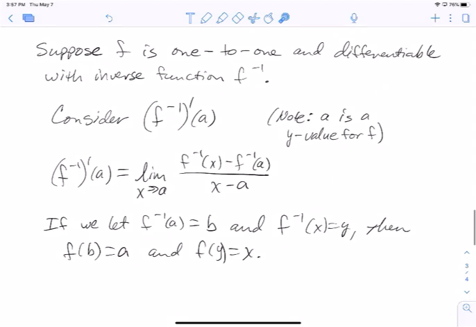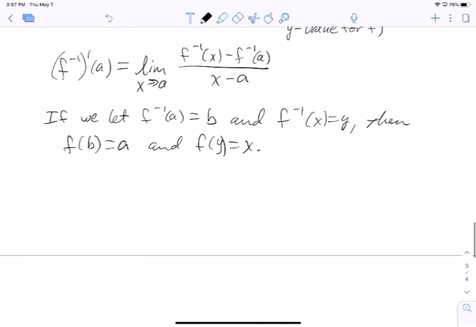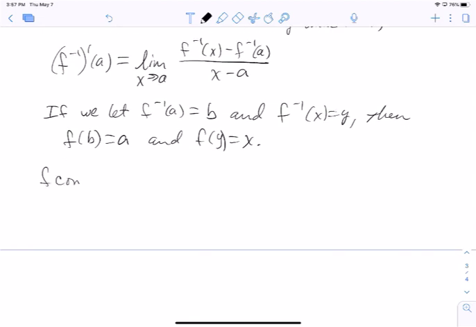Since by assumption f is differentiable, f is continuous. If f is continuous, we've already seen that f prime would then be continuous. And by definition of continuity, that would mean that the limit as x approaches a of f inverse of x is equal to f inverse of a.